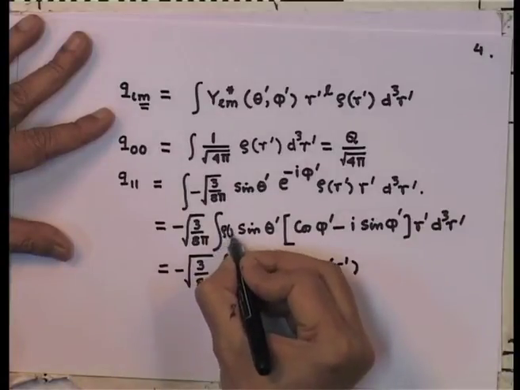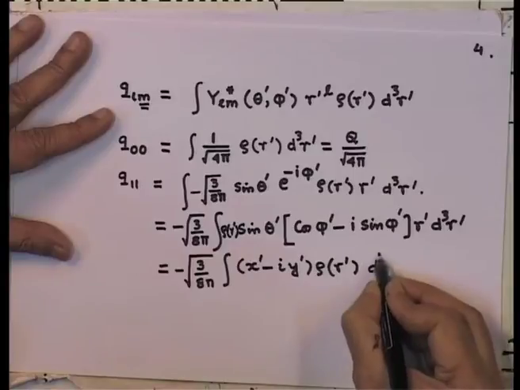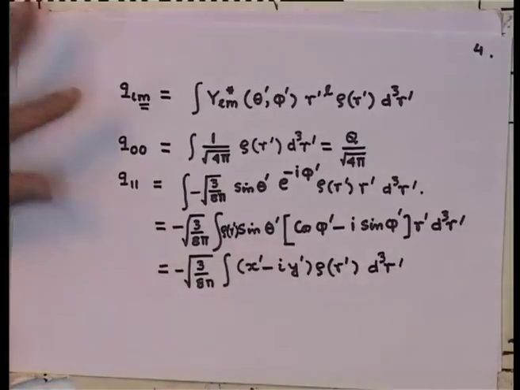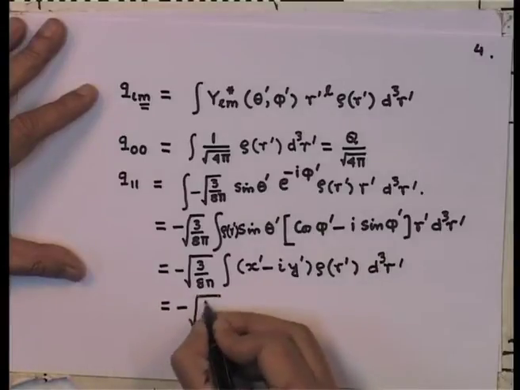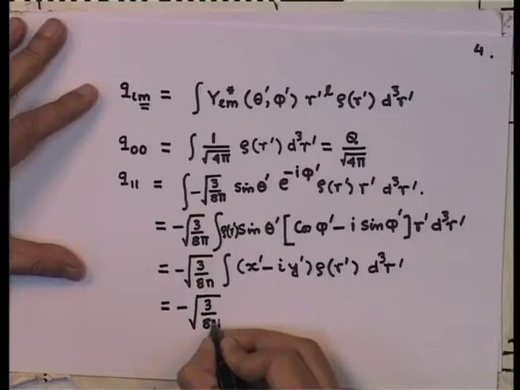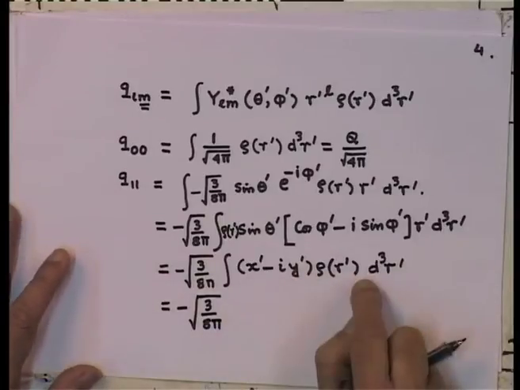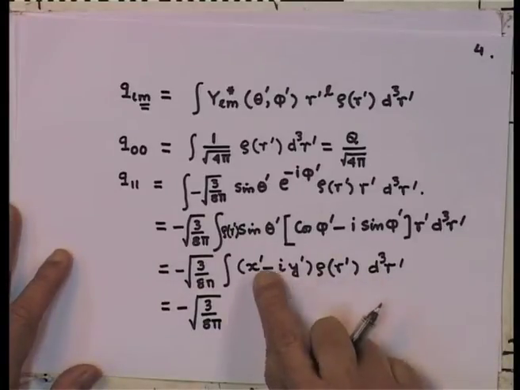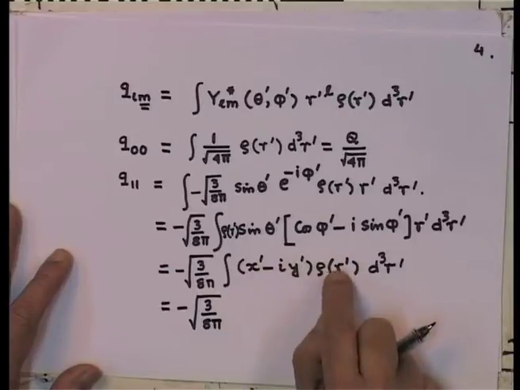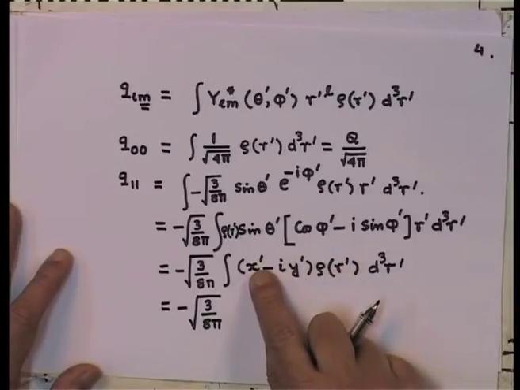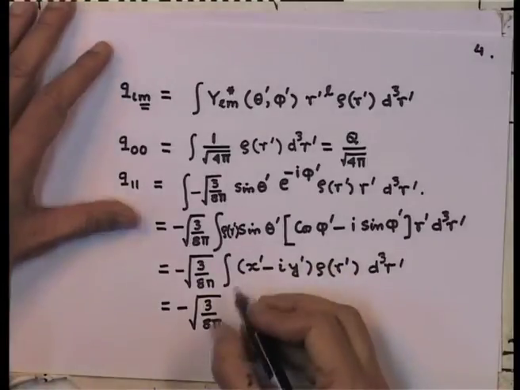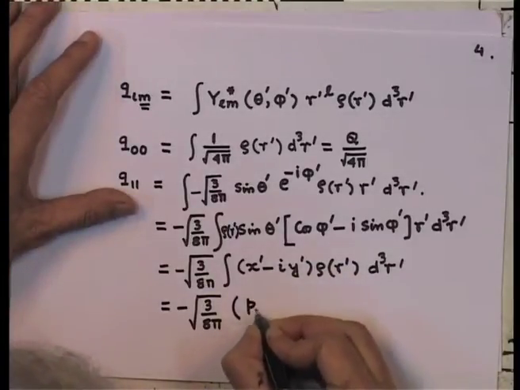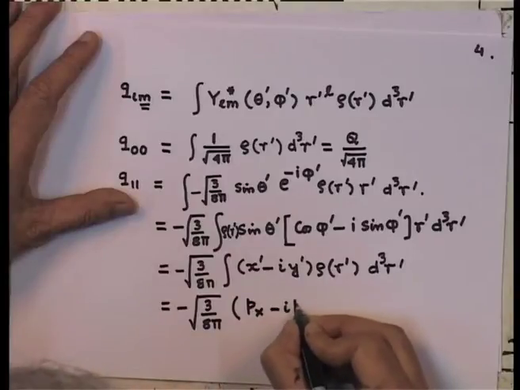So, let me put it back, d cube r prime. Look at this expression, but for this constant factor 3 by 8 pi, what I have got is x prime rho(r prime). Remember, I defined for a continuous body the dipole moment as the position times the charge density. So, this is nothing but p_x prime, or p_x if you like. So, this is p_x minus i p_y.